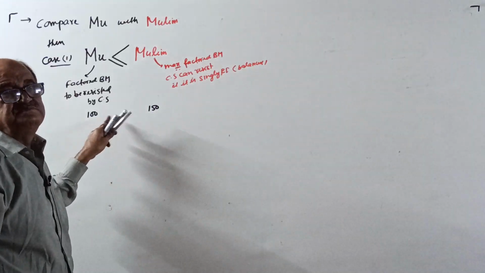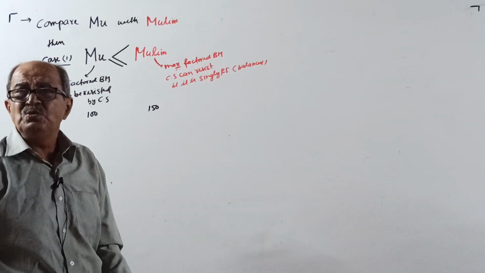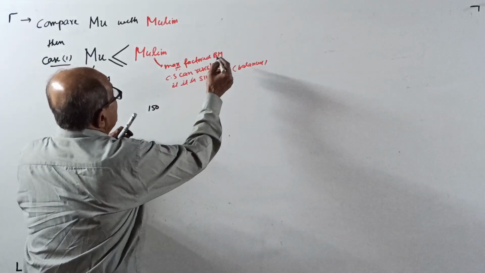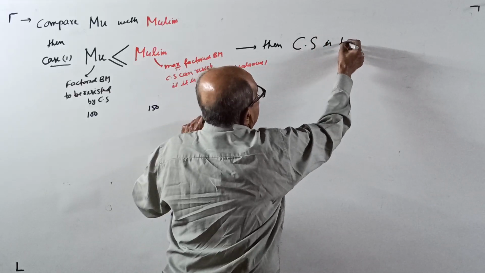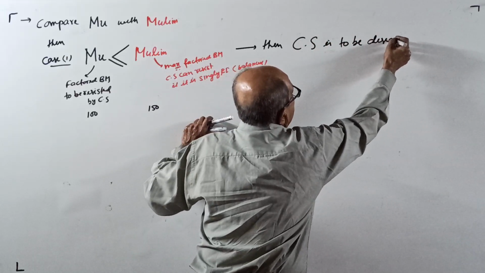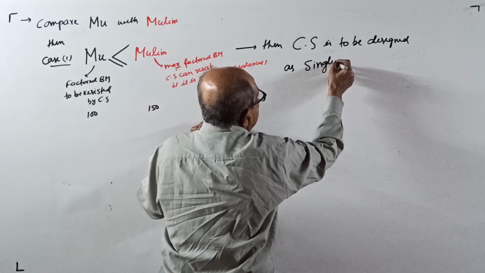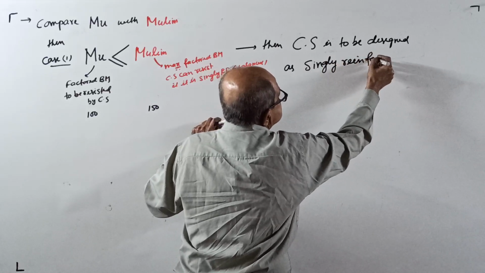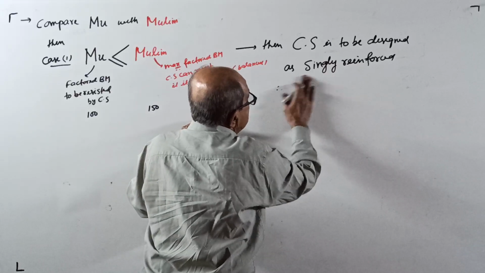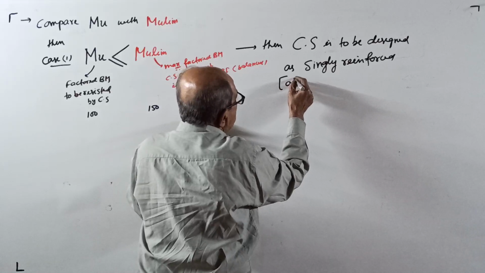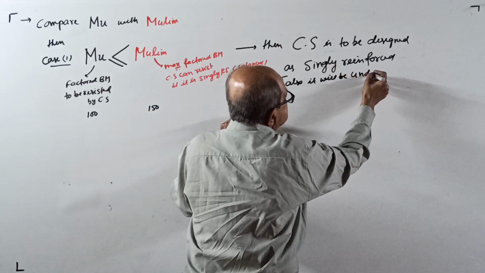If the bending moment to be resisted is 100 and singly can resist up to 150, then the cross section is to be designed as singly reinforced.